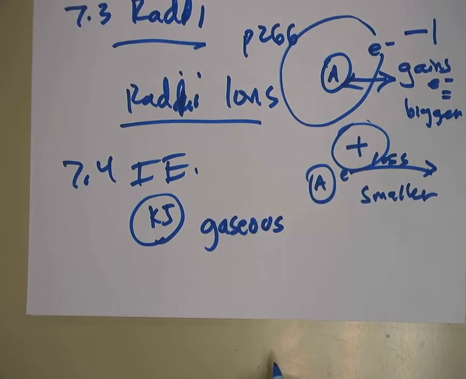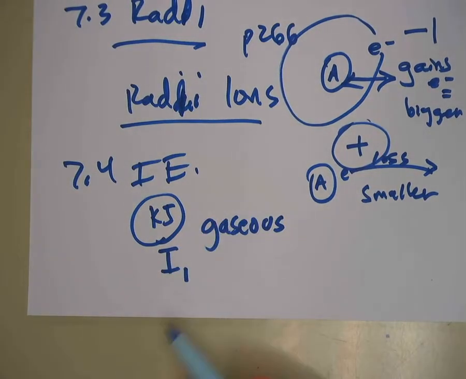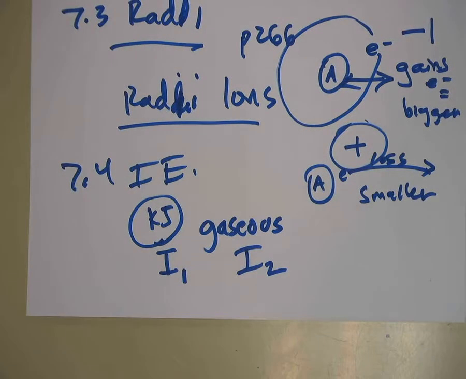Notice it's got to be in a gaseous form. The first ionization energy, usually symbolized I1, is the energy needed to remove the first electron from a neutral gaseous atom. The second ionization energy would be the energy needed to remove a second electron, and so forth.